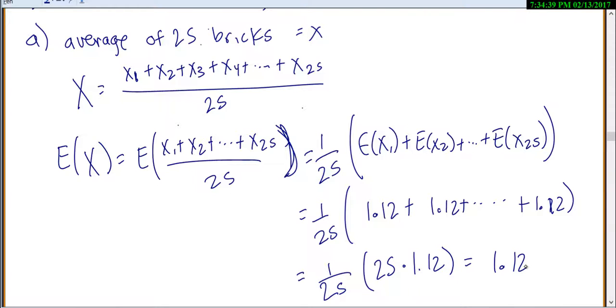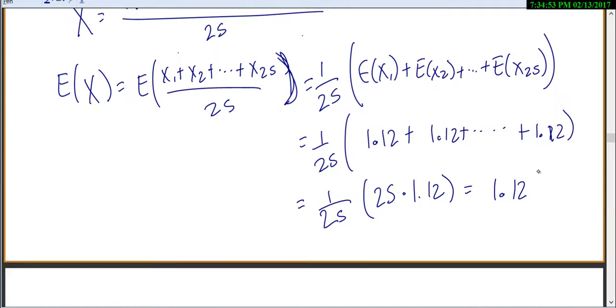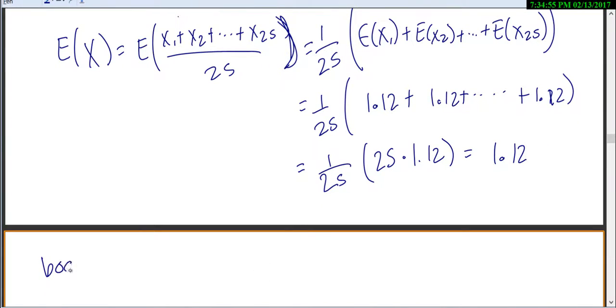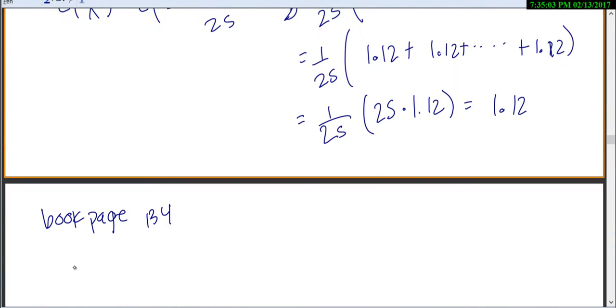Okay. Now this is doing it based on our rules, and as far as the exam, I expect you to just remember what it is based on the rules. But do you remember how we did one example in class where we found rules for our average? Okay. So in the book on page 134, we have rules where the expected value of the average, so this x bar means average, is just equal to mu.